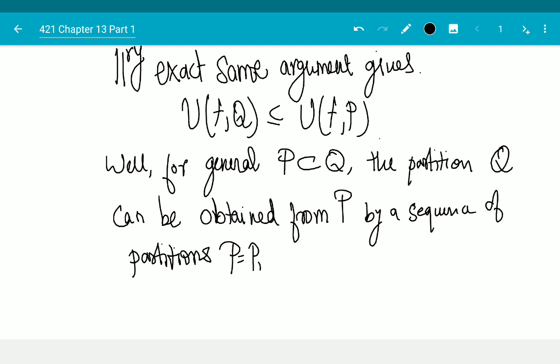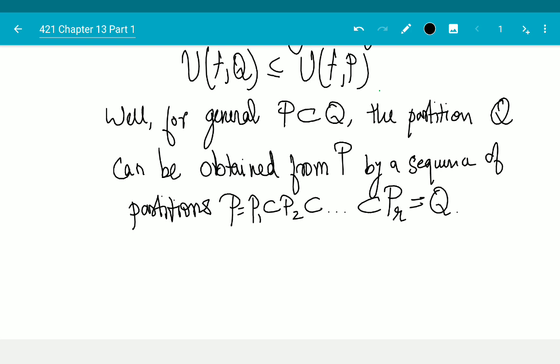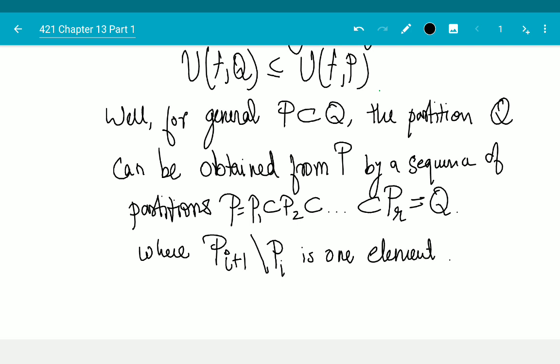P is equal to P1, contained in P2, contained in ... whatever, let's say Pr, which is equal to Q, right? Where each partition is just one extra element, where P(i+1) set minus Pi is one element, right?